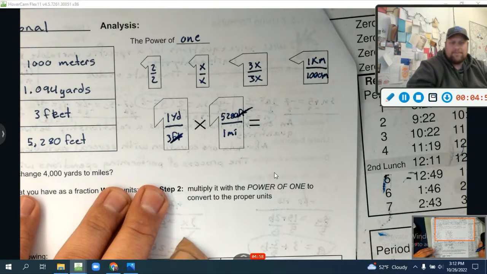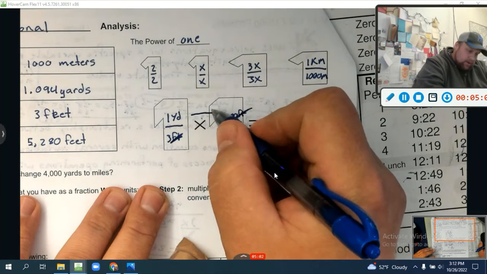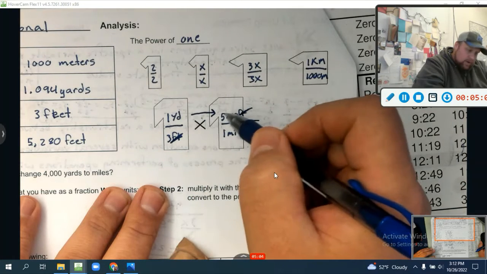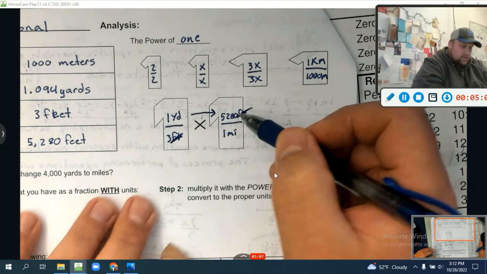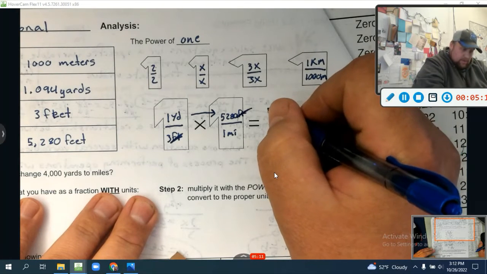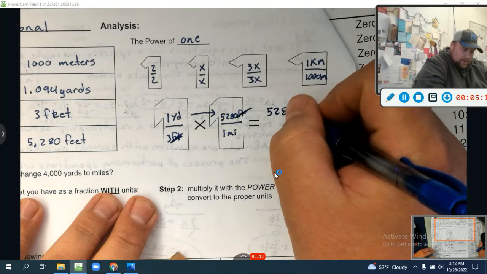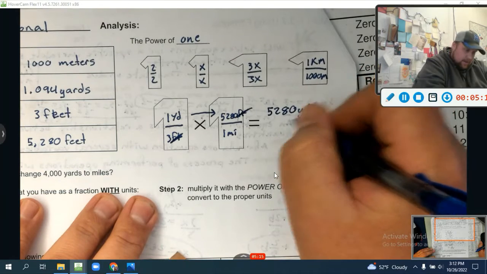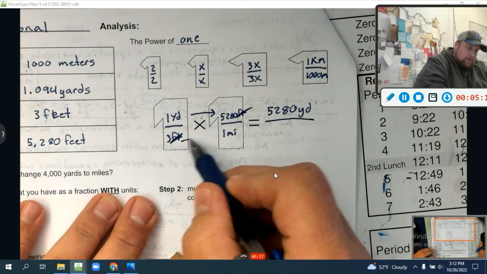And watch what's about to happen. When I multiply straight across, I get 1 yard, and notice the feet canceled, so it's times 5,280, so equals 5,280 yards divided by, then I have 3 times 1 mile, 3 miles.